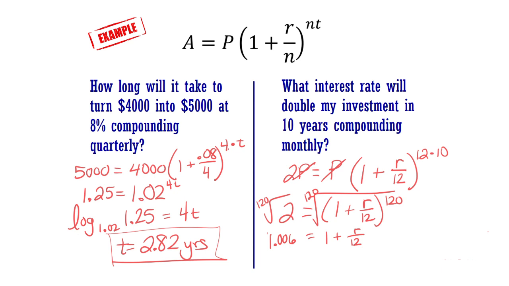I'm going to multiply by the 12, and I get R to be 0.0695. Now remember, that's a percentage, so the bank would probably advertise that as a 6.95% interest rate. And that would double my money in 10 years.